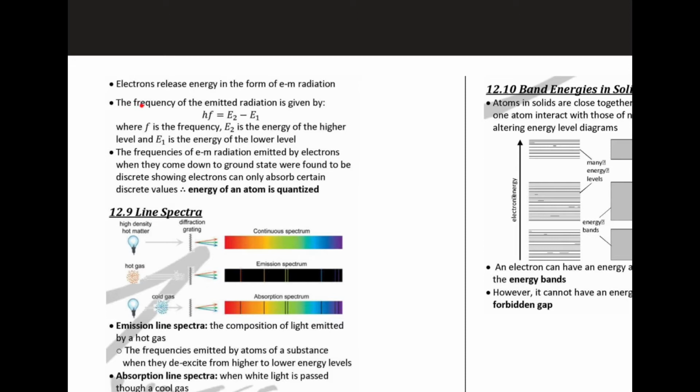They said the frequency of the emitted radiation is given by hf = E2 minus E1, where f is the frequency of the electromagnetic radiation, E2 is the energy of the higher level, and E1 is the energy of the lower level.